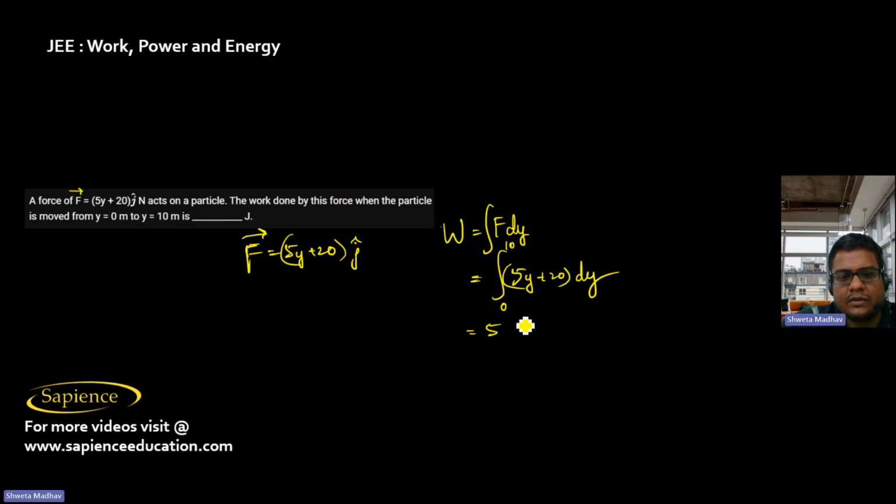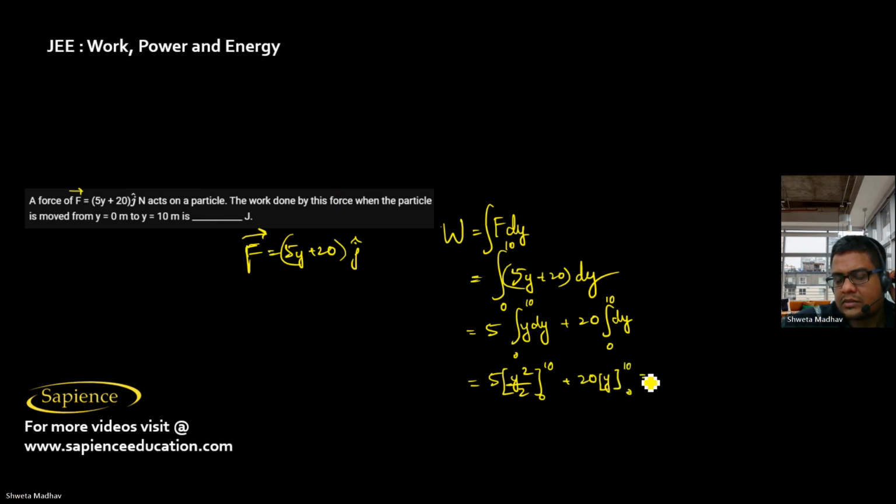So this will be 5 into integral y dy plus 20 into integral dy from 0 to 10. This will be 5 into y square by 2, 0 to 10, plus 20 into y from 0 to 10. So this is 5 by 2 into 10 square plus 20 into 10.